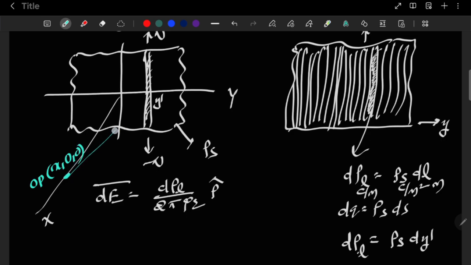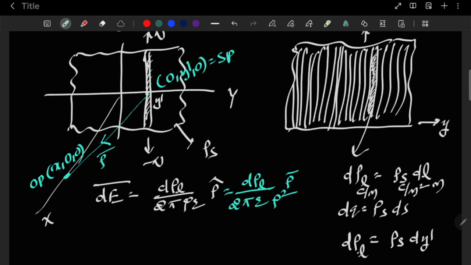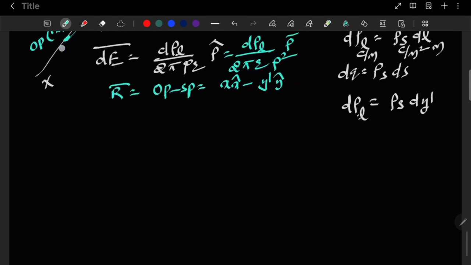So from the line, the rho bar, it is equal to d rho L by 2 pi epsilon, and if you take rho bar here, we will get rho square. What is that rho? Here the source point is given by 0 comma y dash comma 0. It is the source point. Then r bar is equal to OP minus SP. It is equal to x into x cap minus y dash into y cap.